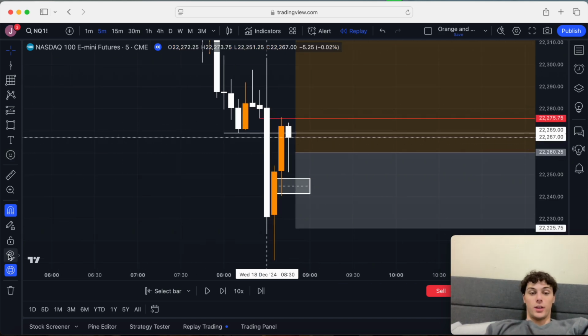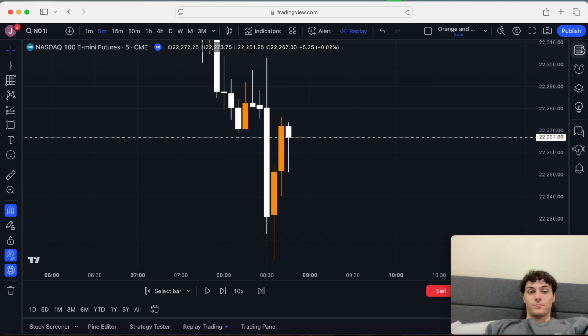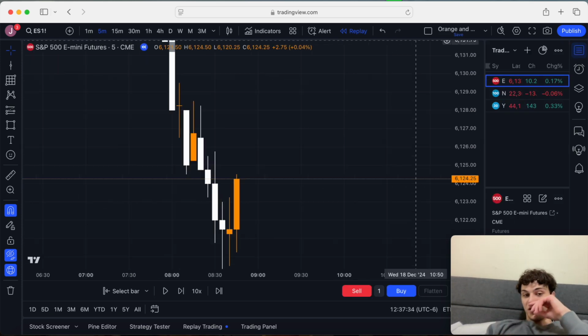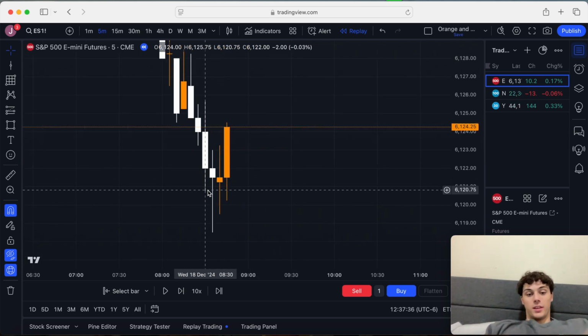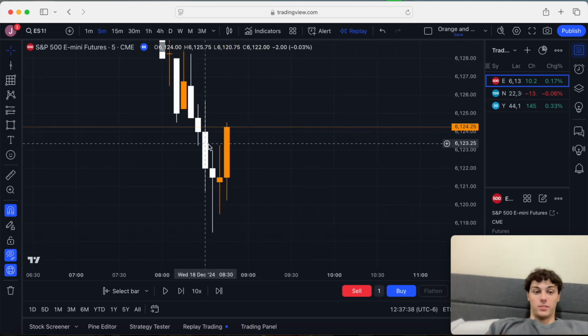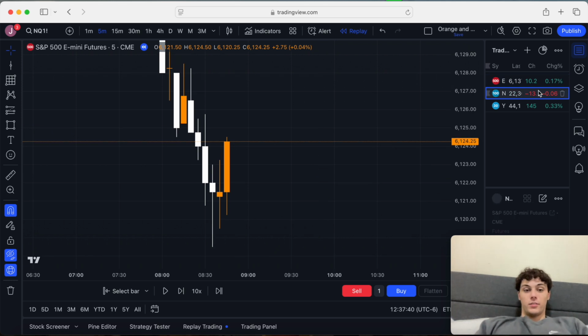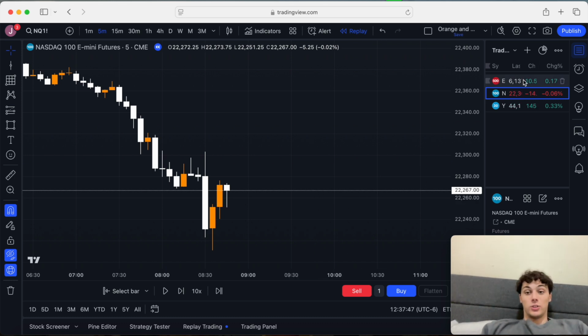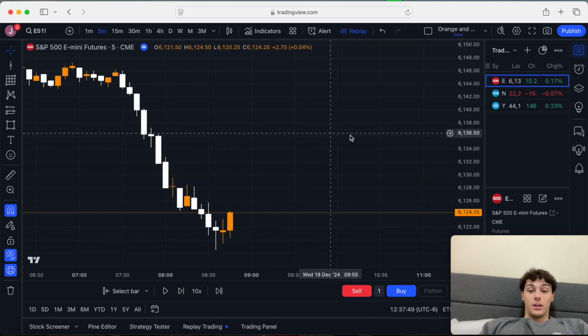But then if we go over to ES, ES was nowhere near retracing. So we had this open, nowhere near retracing. NASDAQ retraced. So in turn, what did I want? I wanted ES to retrace as well, so then ES and NASDAQ would be matching.